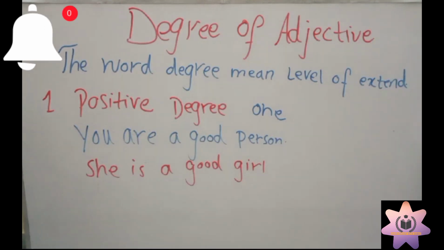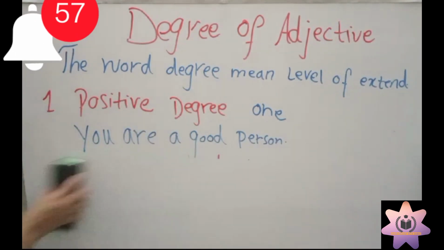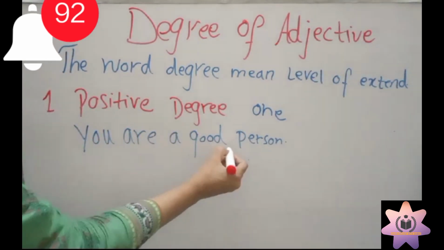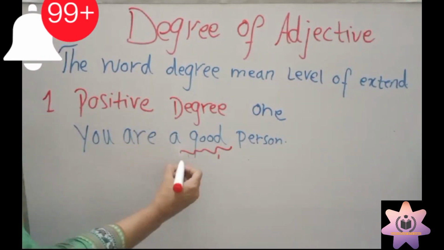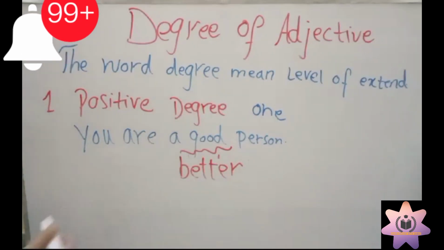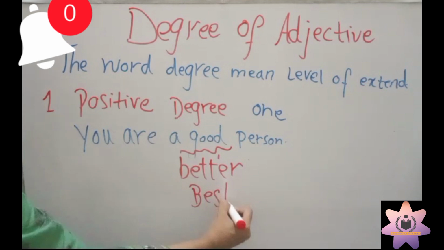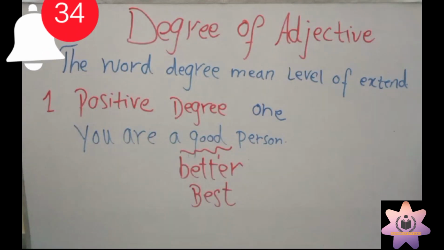Here I am going to write the degrees of adjective. For example, good is used for positive, better for comparative, best for superlative.